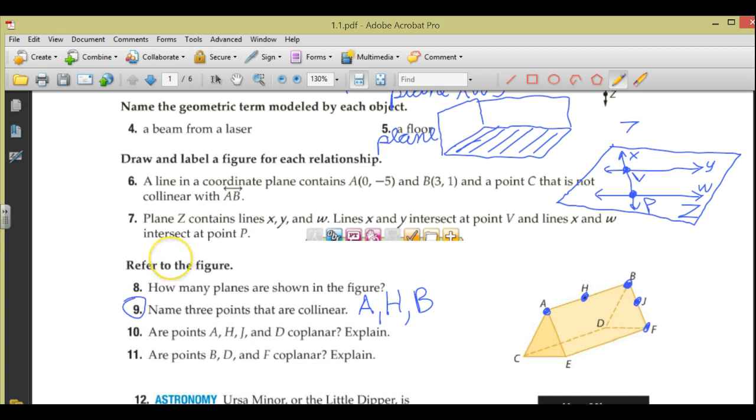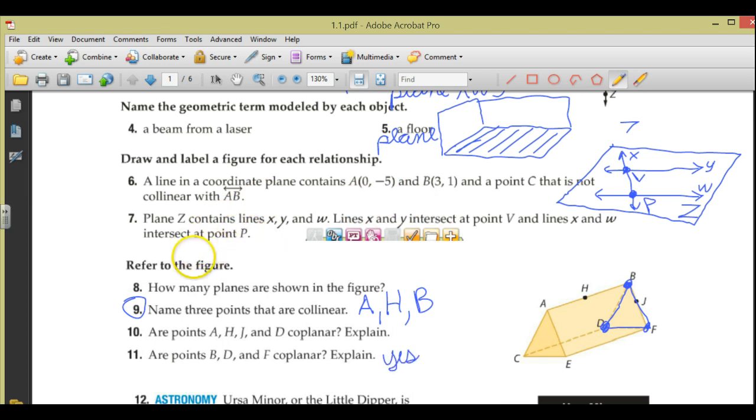Number 11, are points B, D, and F coplanar? Explain. So to answer this question, we need to look at those 3 points and see if they lie on the same plane. Okay, here's plane BDF that intersects with all 3 of those points. So our answer would be yes.